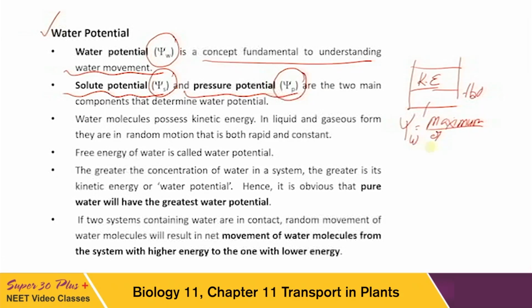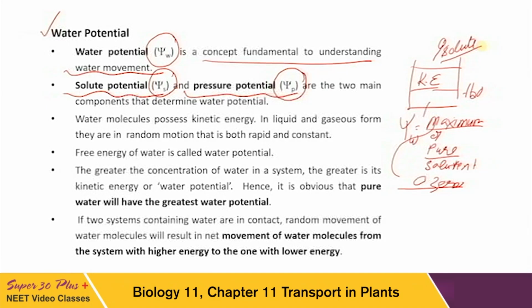So pure water has maximum water potential, and this maximum is taken as 0. Remember this thing. If some solute is added, the water potential of the solvent will decrease, and the more solute is added, the greater the decrease in water potential.